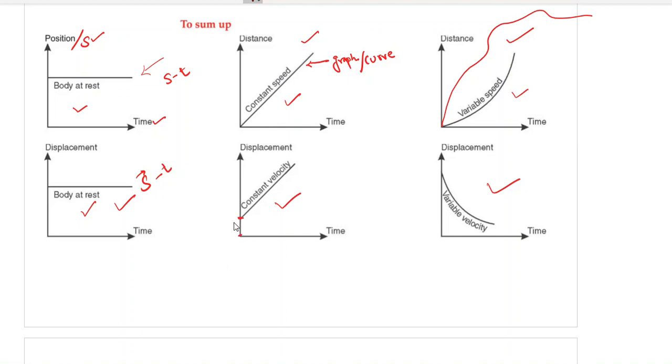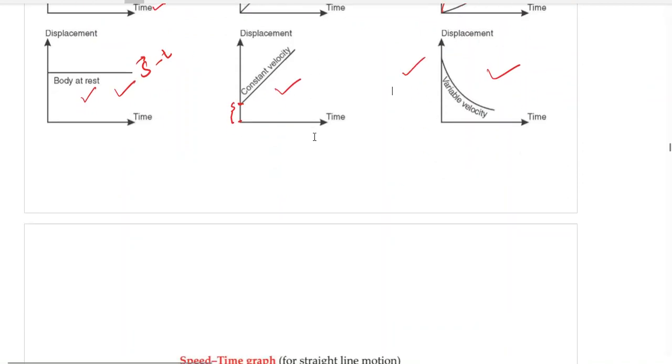That means the body is a certain distance away from the initial position when we started plotting its graph. So this is constant velocity since it's a straight line, and when the graph is a curve, it's variable velocity. So these were the distance time and displacement time graphs.